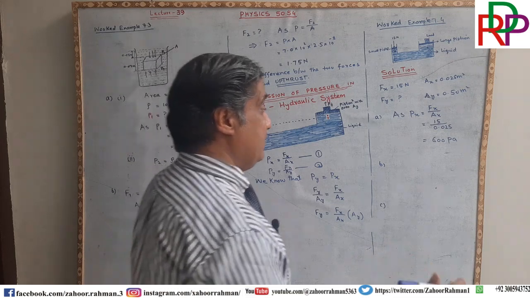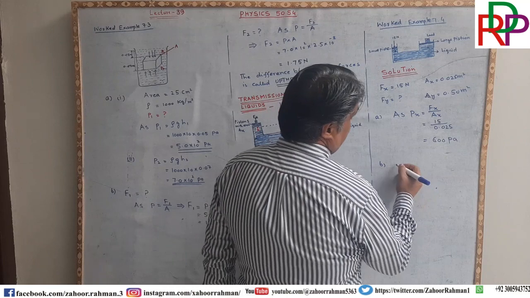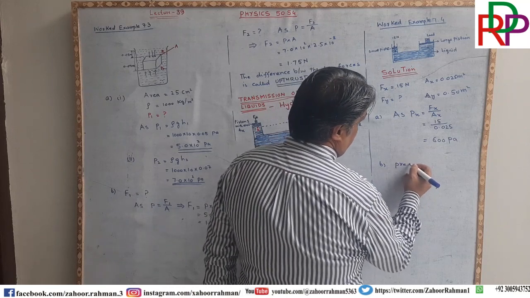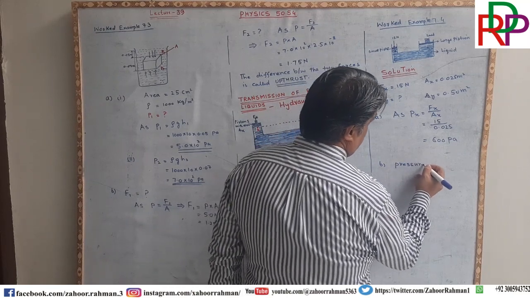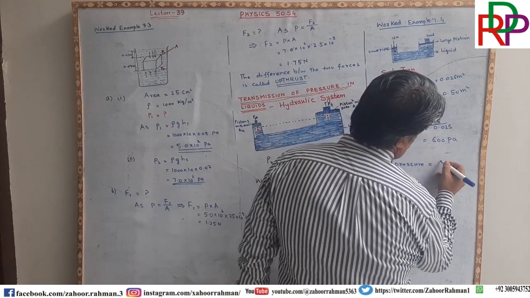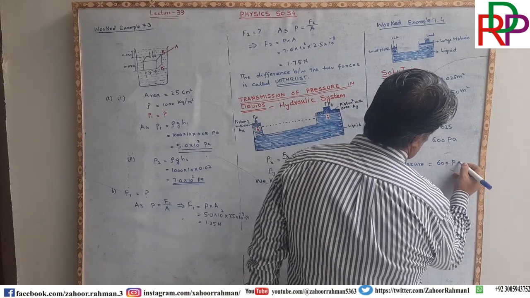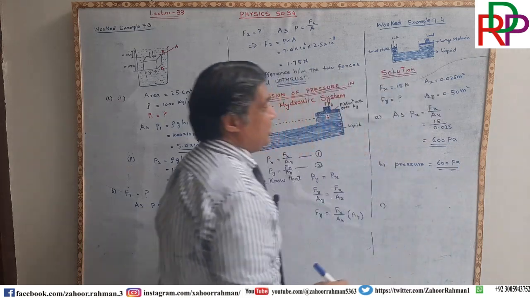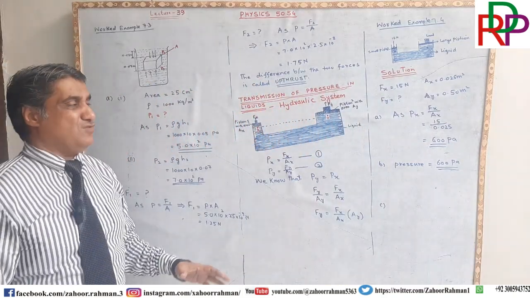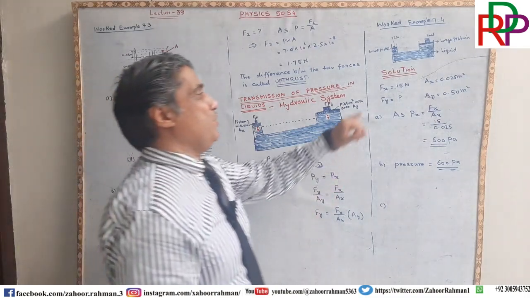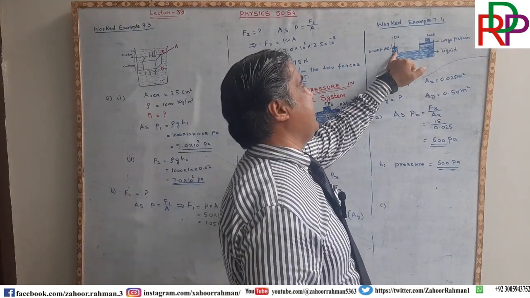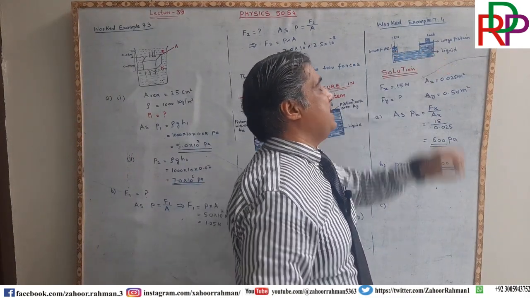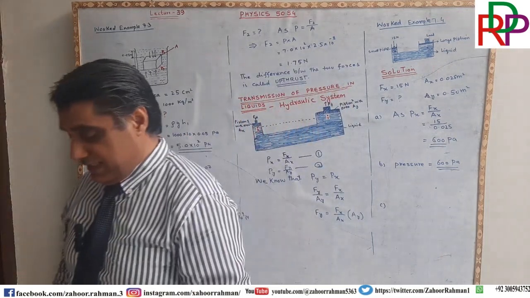Pressure will be the same, equal to 600 Pascal as we found here. So pressure at the same depth will be the same. Whatever pressure is at point X will also be at point Y.